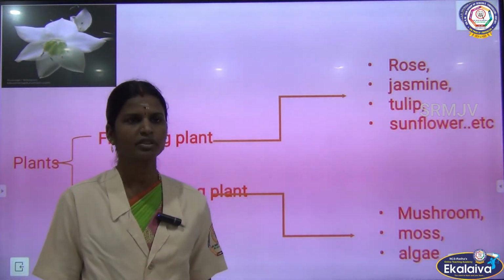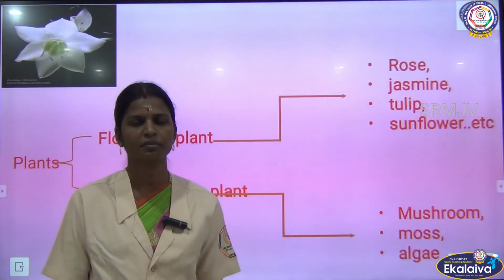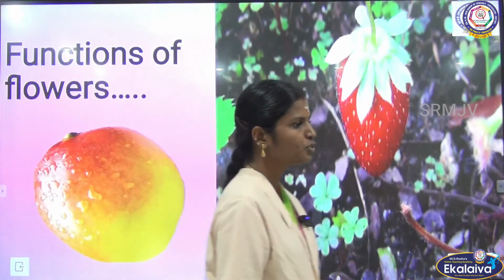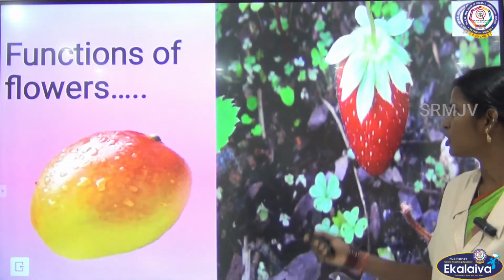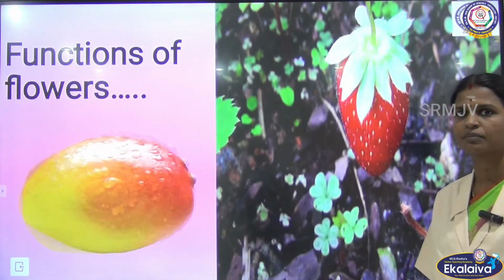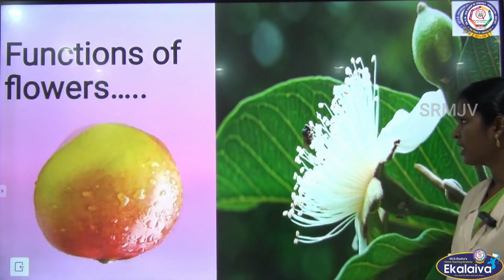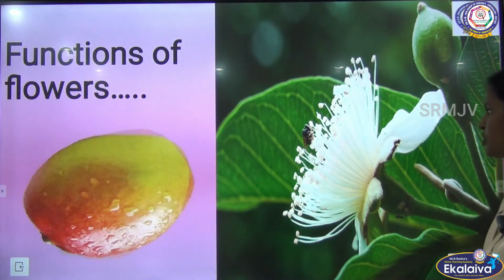Examples are mosses, mushrooms and algae. Flowers develop into fruits. Here, from strawberry flower, fruit is developed. And this is the flower of guava tree which develops into fruit.